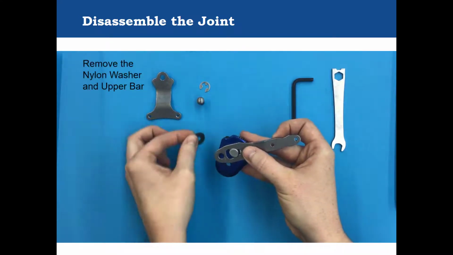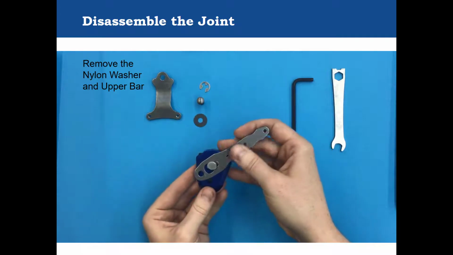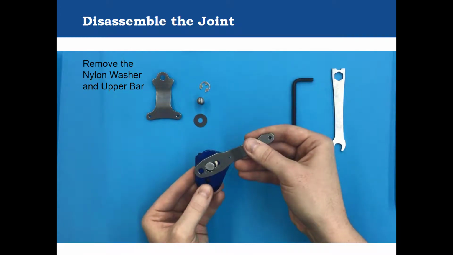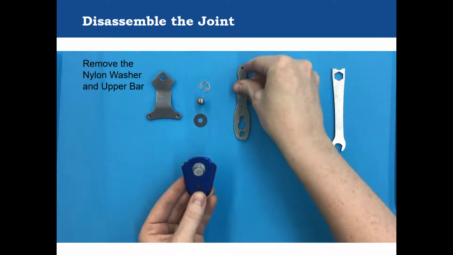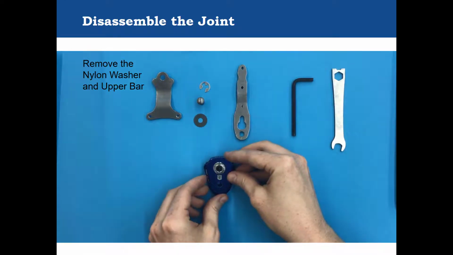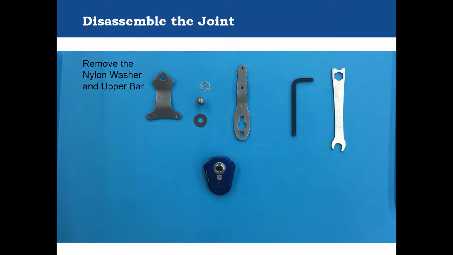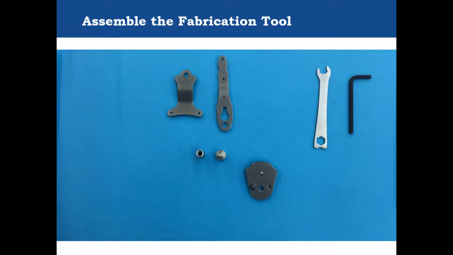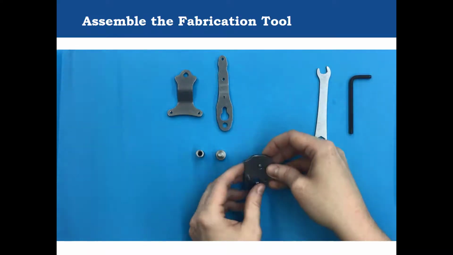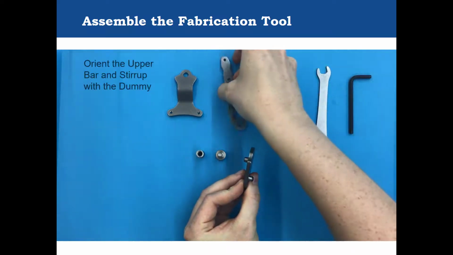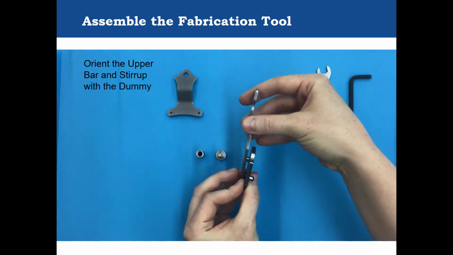Remove the stirrup, nylotron washer, and upper bar from the component body. To assemble the fabrication tool, correctly orient the stirrup and upper bar with the component dummy.